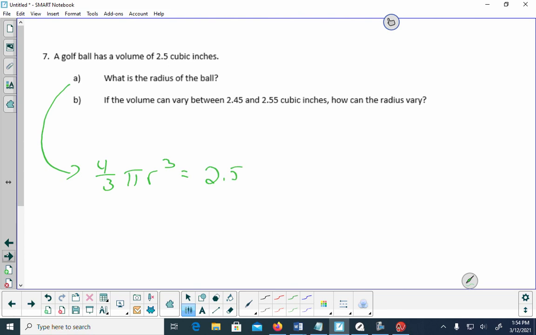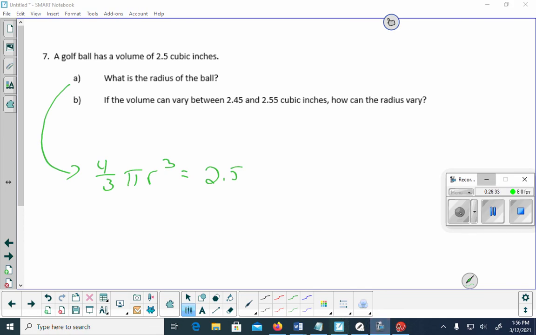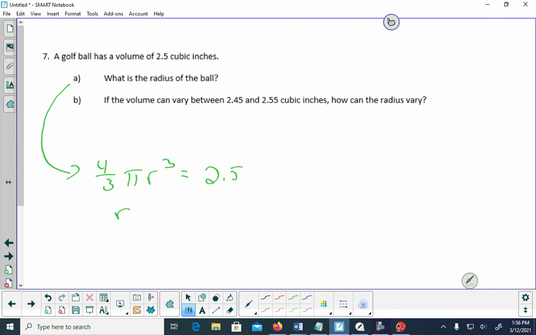So I am going to find that. I did not find that yet, so let me pause. Okay, and when I do that, I get my radius to equal 0.8419. We'll do 4 decimals. So that's when the volume is 2.5.